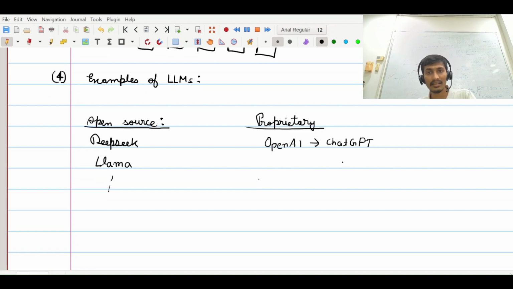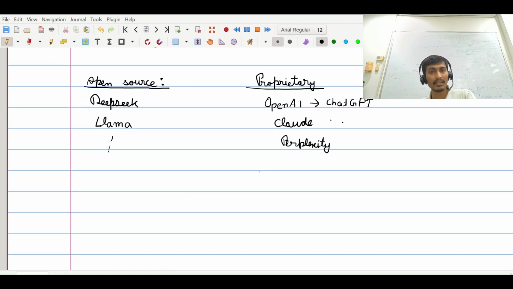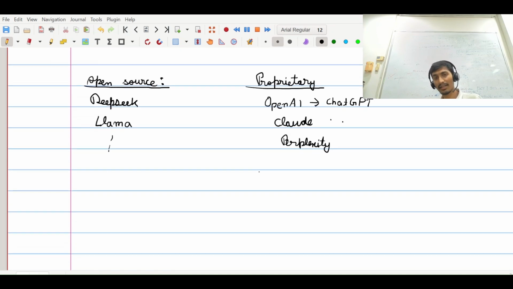ChatGPT is like that. Claude is there, Perplexity is there. You have to pay a price, but those model weights are not accessible.